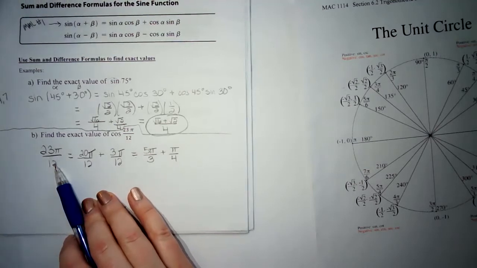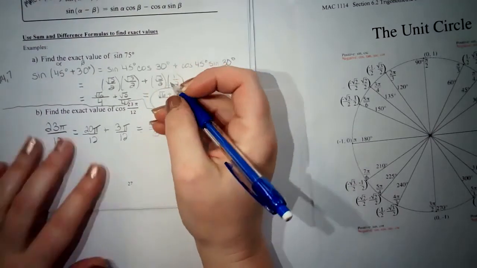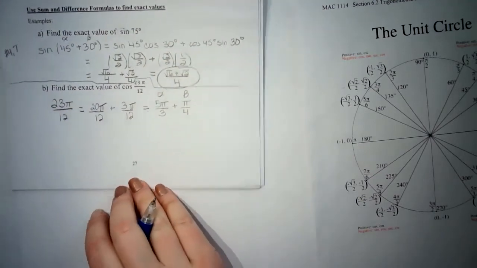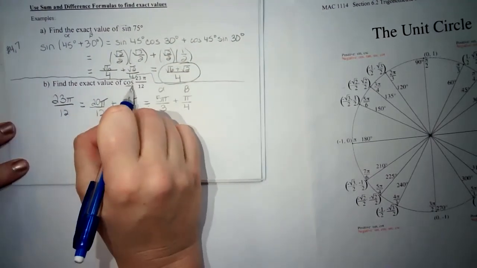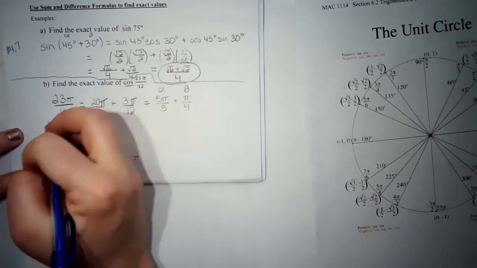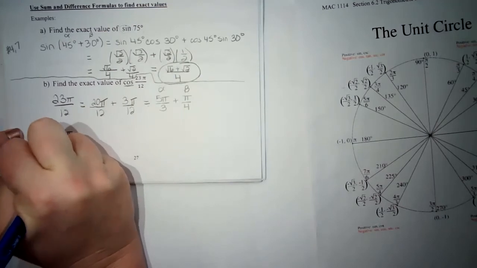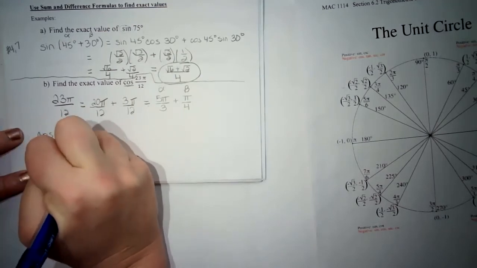Okay, here we go. So here's your alpha, here's your beta. And be careful here. This said cosine, so now we want to do cosine. We found our alpha. We found our beta.